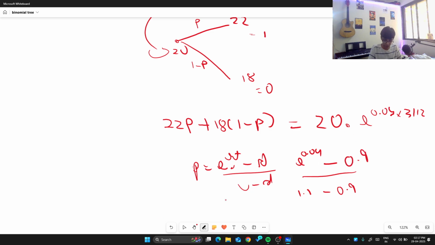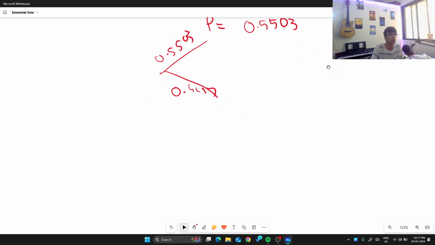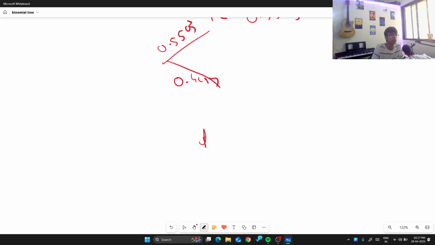So you will get the same answer, and the probability from this would come 0.5503. So the probability of going up is 0.5503, and the probability of going down is 0.4497.